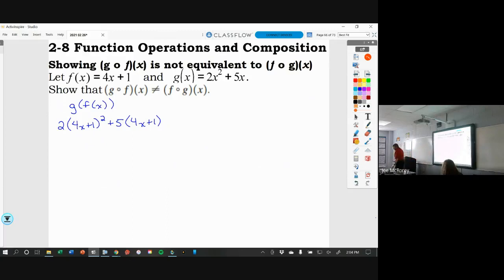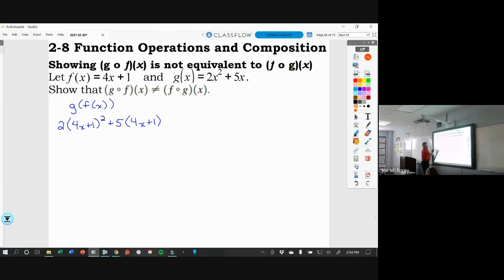Next thing I do is distribute the 2, right? No, we do not distribute the 2. Foil it. So, what is 4x plus 1 squared? And the first person to tell me 16x squared plus 1 is going to get kicked in the knee. 16x squared plus 4x plus 4x plus 1.